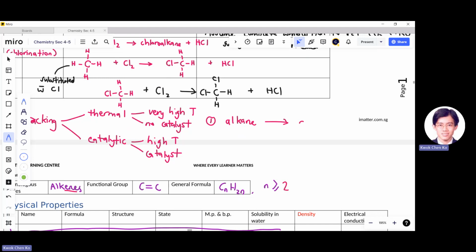So you form a smaller alkane plus one or more alkenes. Later I'll give you one example. This is thermal. Either one can be either. The reaction will be the same.